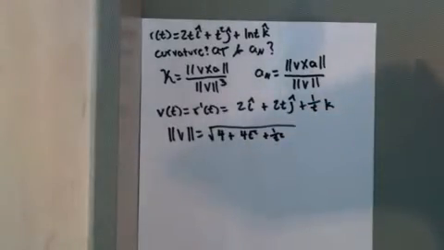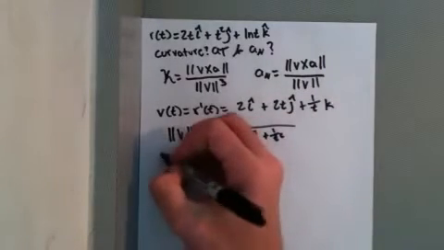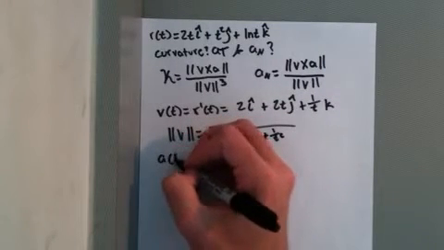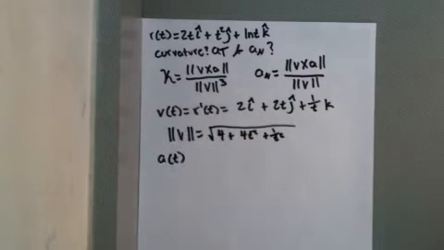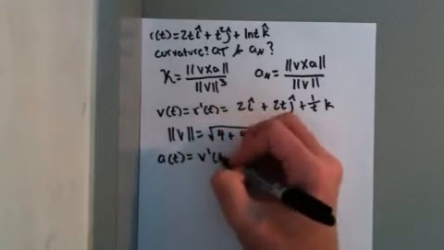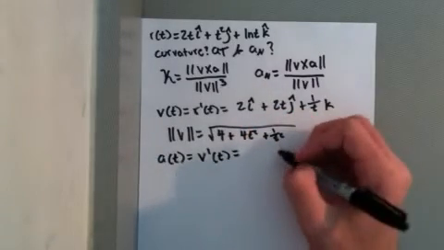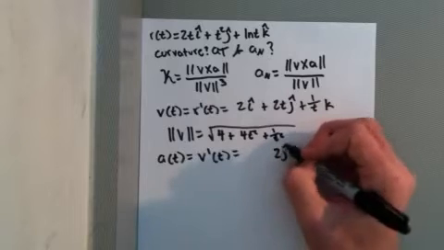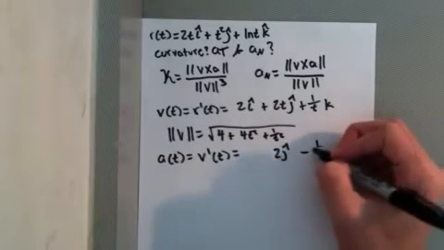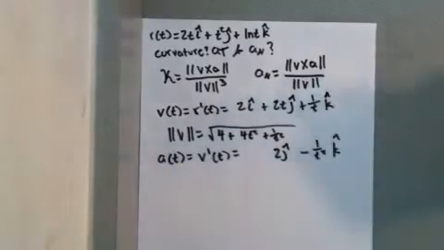So I squared all the components and took the square root of the whole thing. Acceleration of t is equal to v prime. So the i goes away, and we just have 2j minus 1 over t squared k hat. Okay?